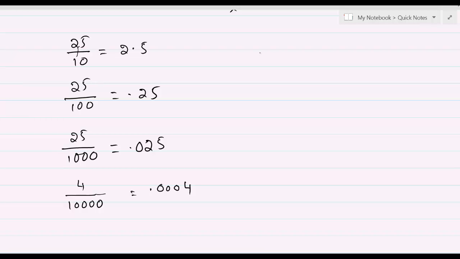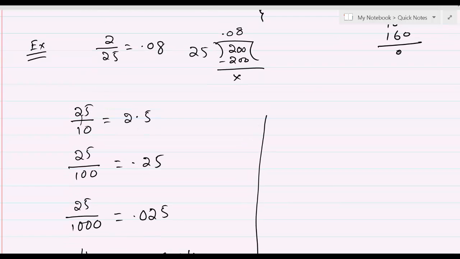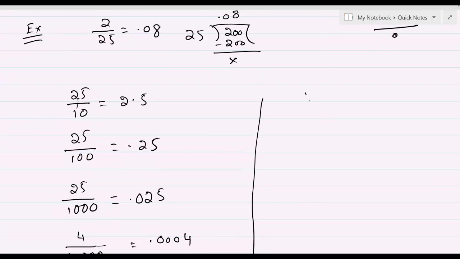In fact, if we revisit our previous question, which was 2 divided by 25, in another way, we could have done it from the concept of equivalent fractions. If we multiply the numerator and denominator by the same number, that doesn't make any difference. So 2 times 4 over 25 times 4, that's perfectly legal. The reason we are doing it is that we want to convert this denominator into a multiple of 10.